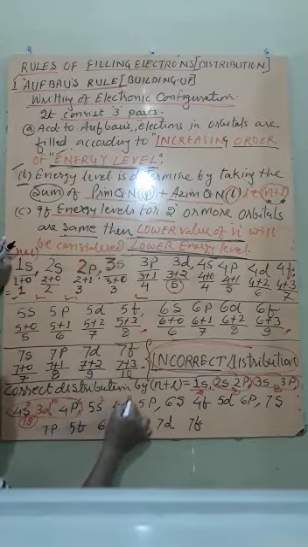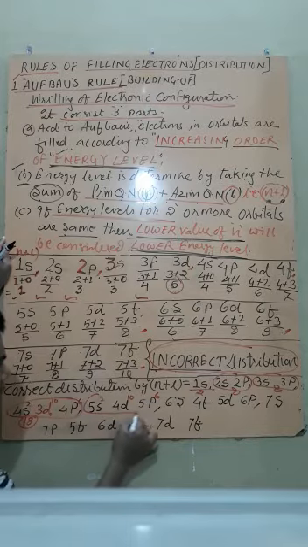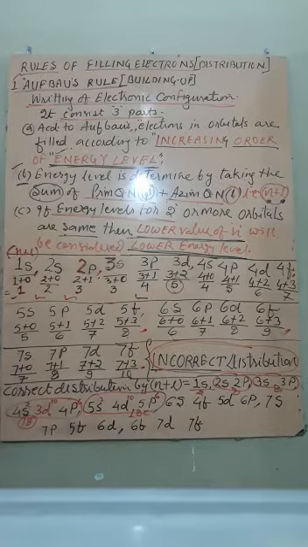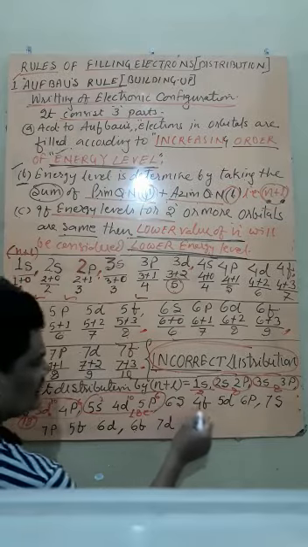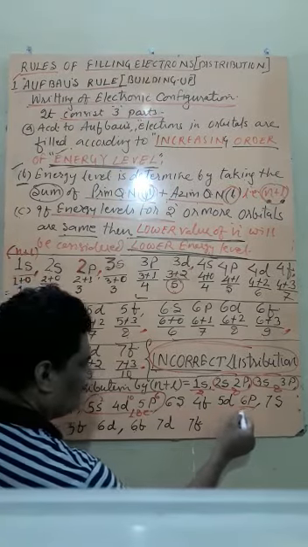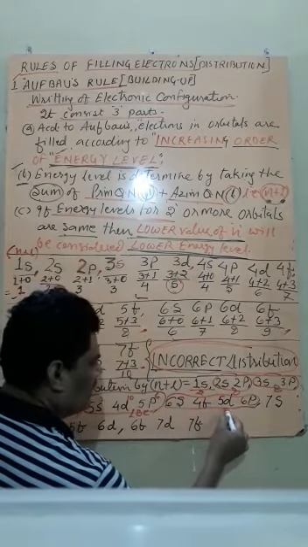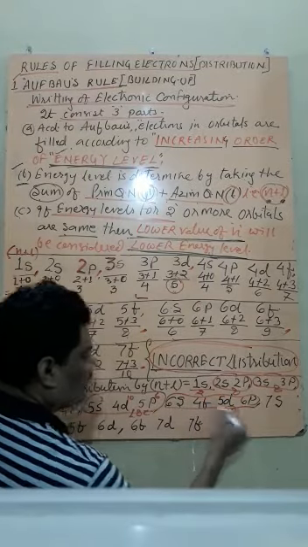2, 10 and 6, these three will be filled in the fourth orbit. They belong to the fourth orbit, and again the electrons are 18. Now the next ones are s, f, d and p, they are filled in one orbit. So there it becomes how many electrons? 32 electrons.